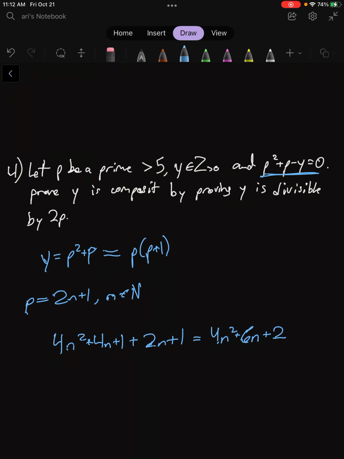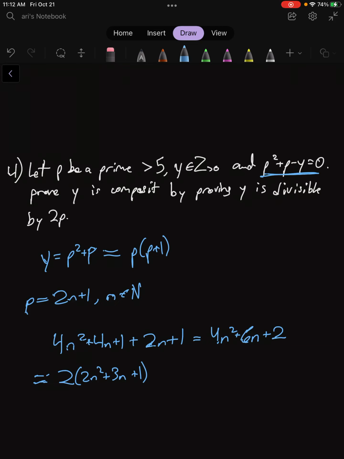Is that right? Yeah. 4n squared plus 6n plus 2. So we can easily see how we could factor out a 2. We can make this into 2 times (2n squared plus 3n plus 1).